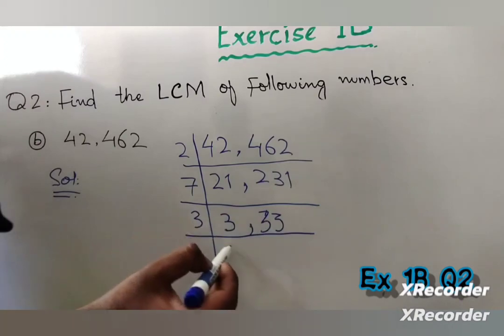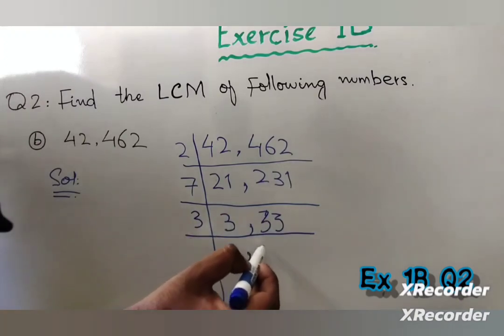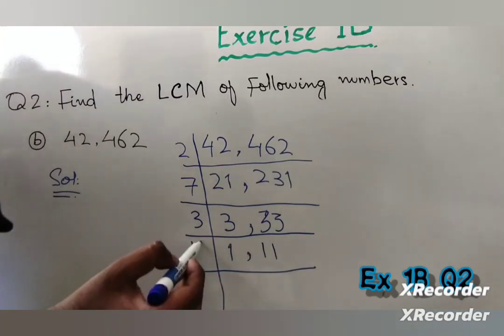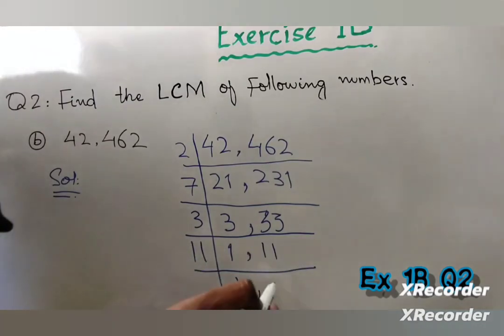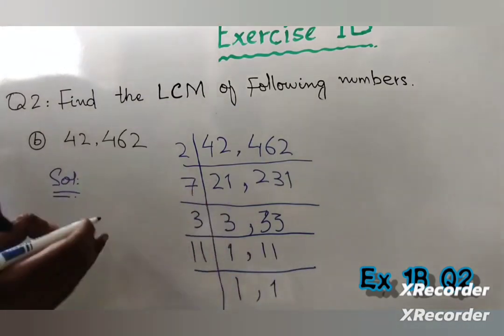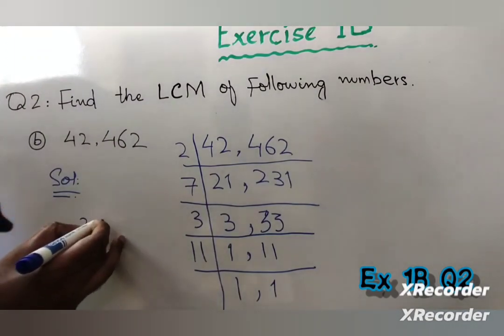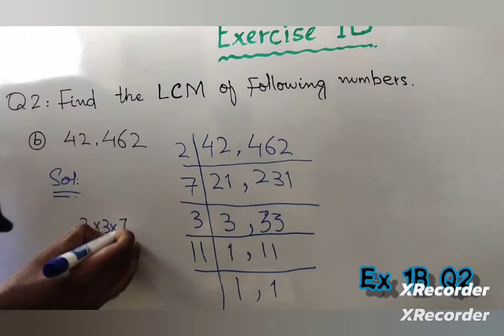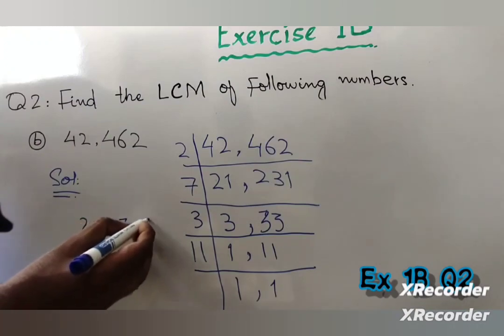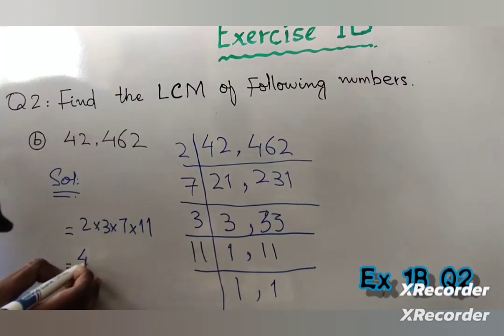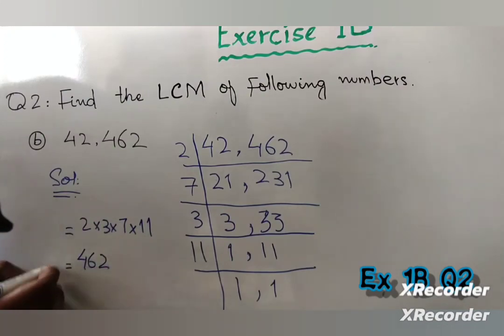So the factors we have found are 2 multiplied by 3 multiplied by 7 multiplied by 11, and from this calculation we got 462, our answer.